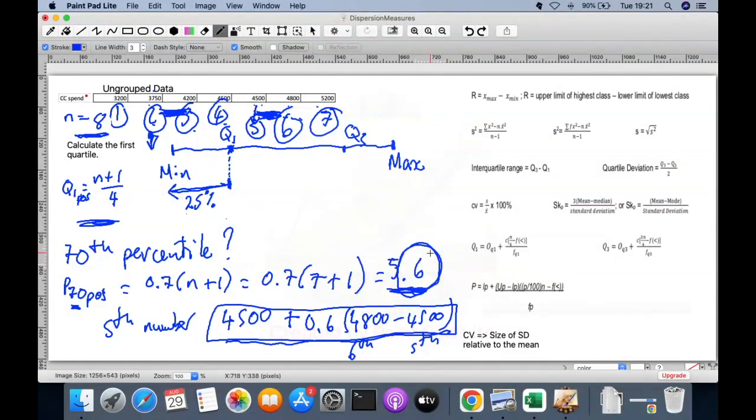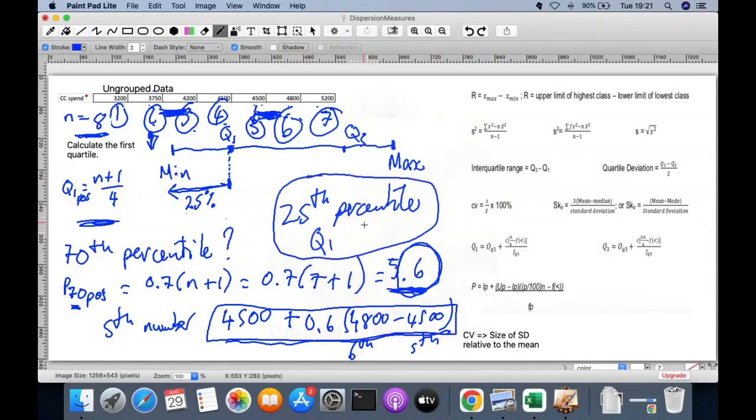It's very similar to how you find a quartile, but a percentile is just more general. Just think of it this way: the 25th percentile is exactly the same as Q1, and the 75th percentile is Q3.